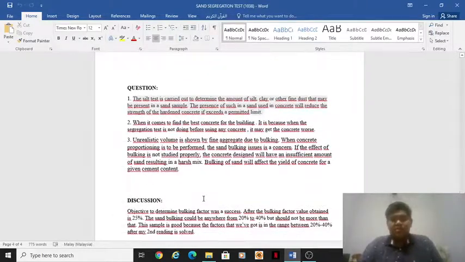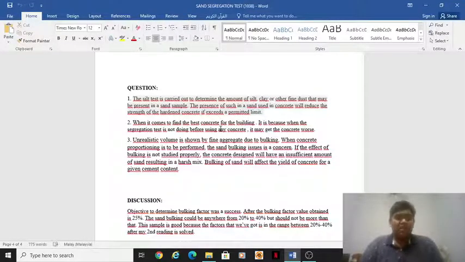For the questions, why shall the silt test be carried out? The silt test is carried out to determine the amount of silt, clay, or other fine dust that may be present in a sand sample. The presence of such material in sand used in concrete will reduce the strength of the hardened concrete if it exceeds a permitted limit.